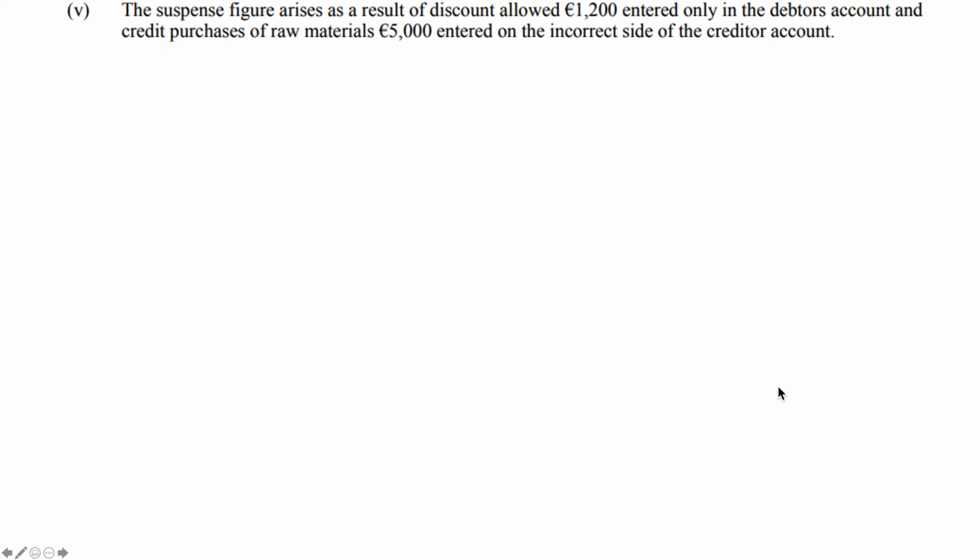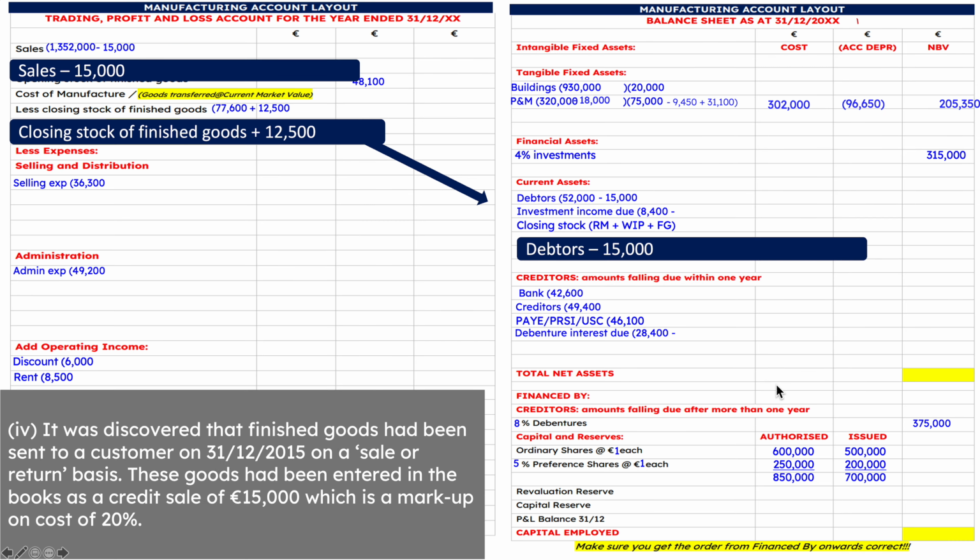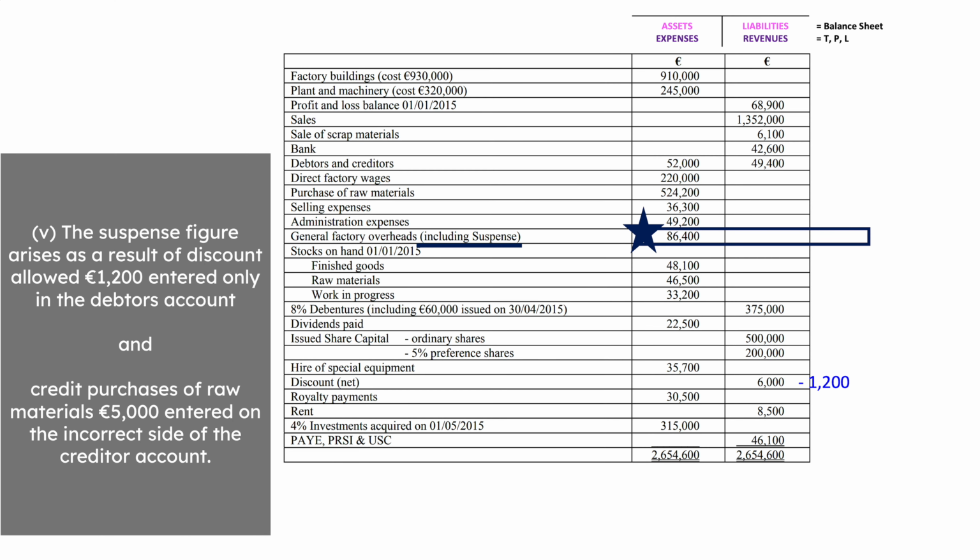So this discount received is going to reduce by 1,200 euro. So 6,000 minus 1,200 euro. Now, my 2 sides will not equal, okay? So what I have to do is go to my item incorporating the suspense and minus 1,200 from that side as well. And now my 2 sides will equal.